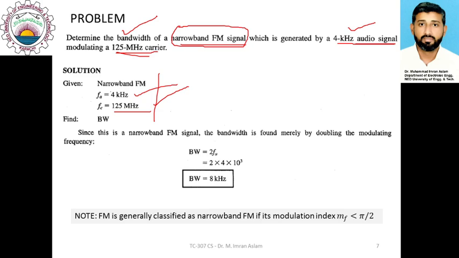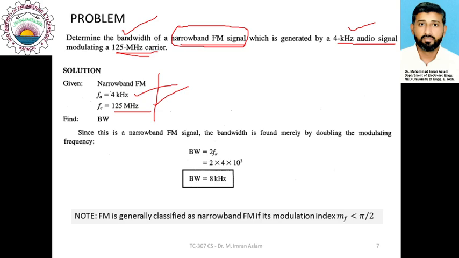However, we have also discussed that there is a special case of FM which is named narrowband FM, and in that case the bandwidth of the FM signal is taken equal to the bandwidth of the AM signal, that is double the message signal. For the narrowband FM case, the bandwidth should be double whatever message or audio signal you are using.